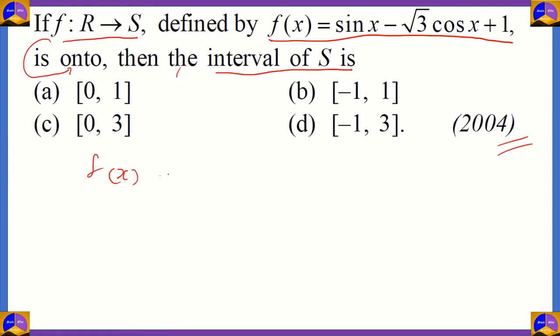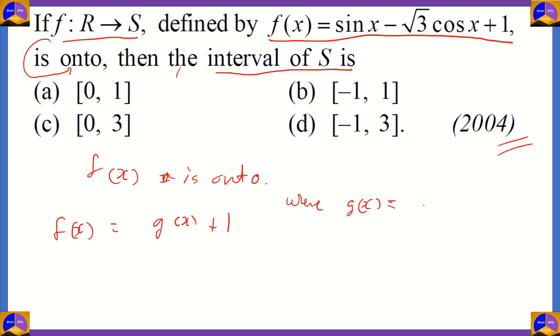So in this question, notice that f of x is onto. So now we consider f of x to be equal to g of x plus 1, where g of x can be written down as sine x minus root 3 cos x.